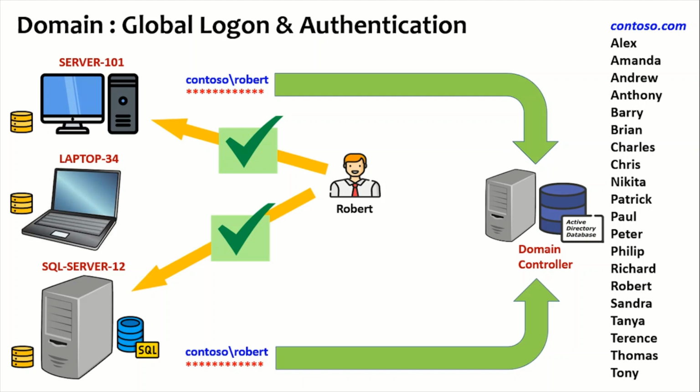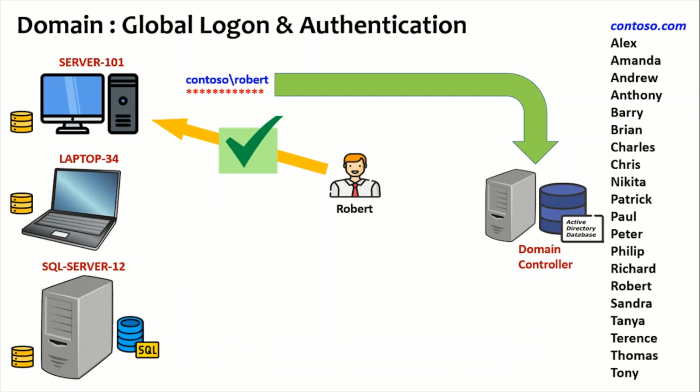So in this example we can see that Robert is using the same username and password to log on to multiple computers, and here the local database is not coming into picture. Instead, our Active Directory database is coming into picture over here.